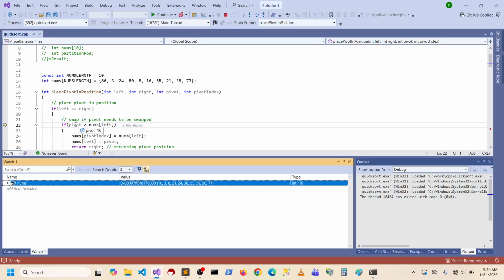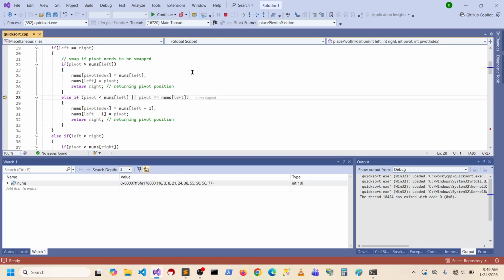Pivot is not greater than 21. Less than nums or is equal to nums left. So that should swap. So pivot index of 0, okay.